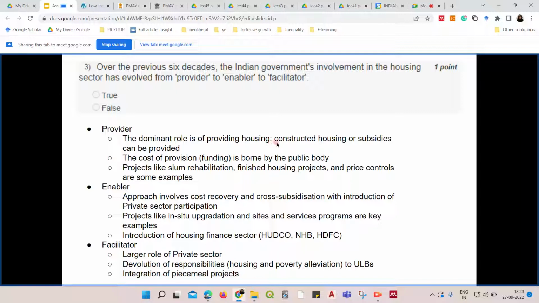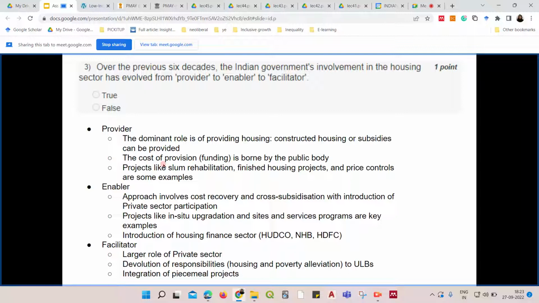Housing can be provided in two ways: either as constructed housing, or in the form of housing subsidies. The key things to see here are, first, the provider would be the public body, which is the government, and second, the cost of provision of the housing would be borne by the public body itself.